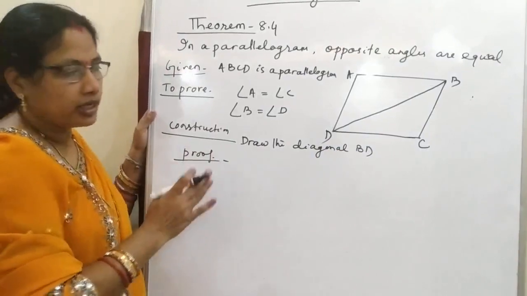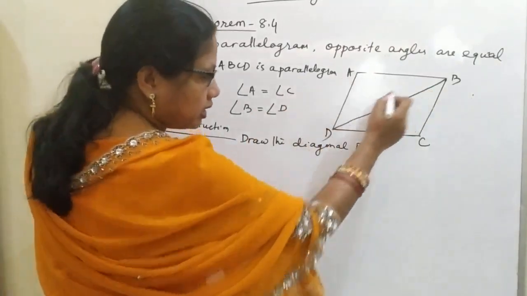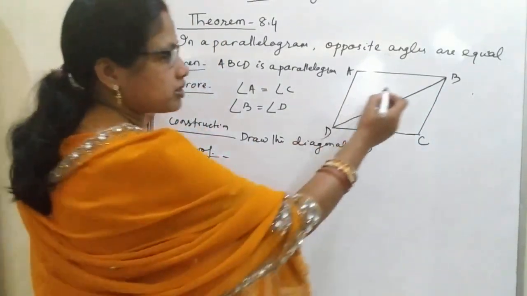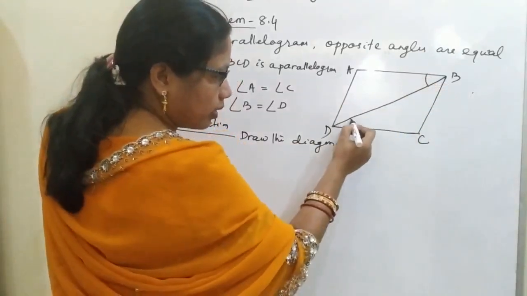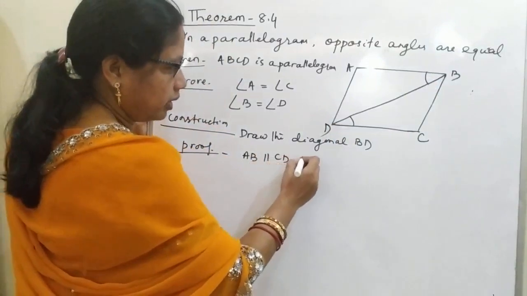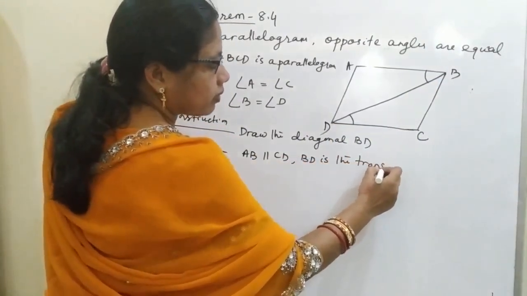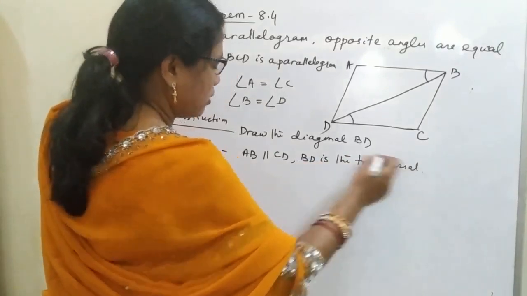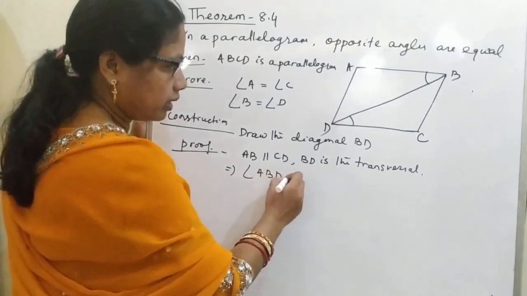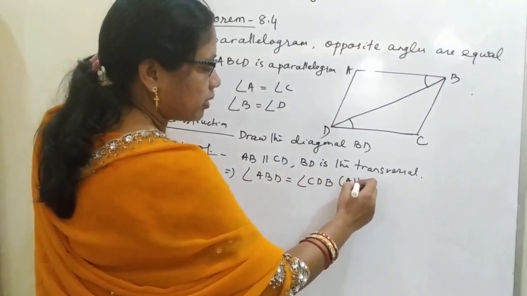Here it is given that ABCD is a parallelogram. So AB is parallel to CD and BD is the transversal. So this implies angle ABD is equal to angle CDB, alternate angles.